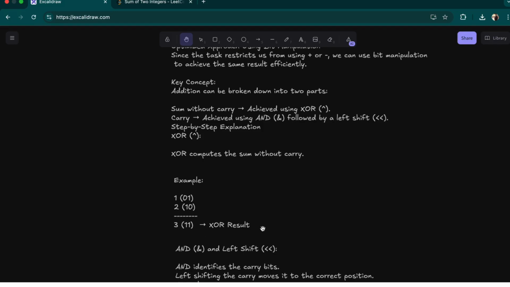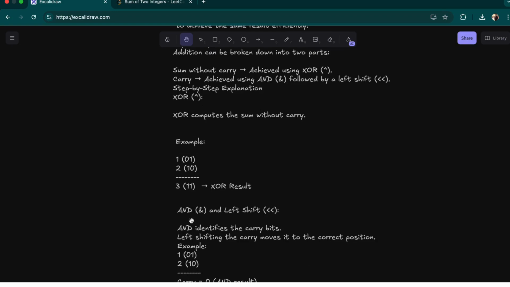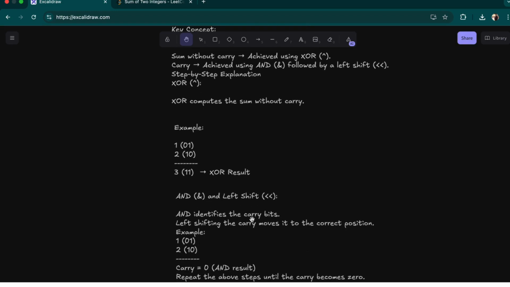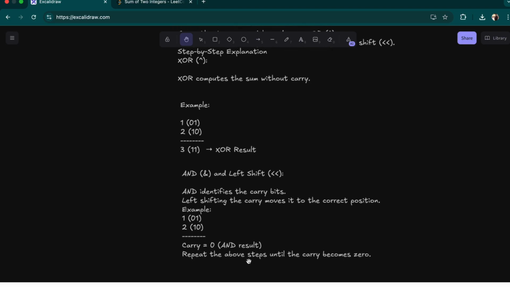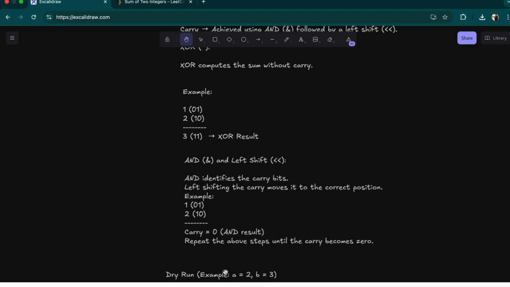If we do the AND and left shift of this, AND identifies the carry bits. Left shifting the carry moves it to the correct position. Here for 1 and 2, carry is 0 because 1 AND 0 is 0 and 0 AND 1 is also 0, so carry is 0 and 3 is the result. We have to repeat the above steps until the carry becomes 0.